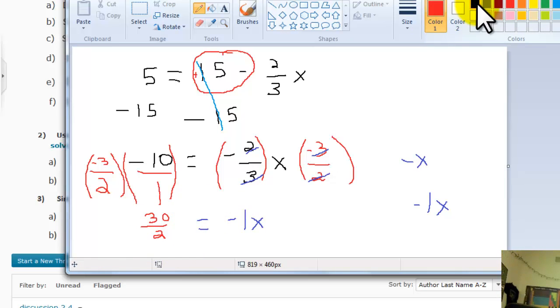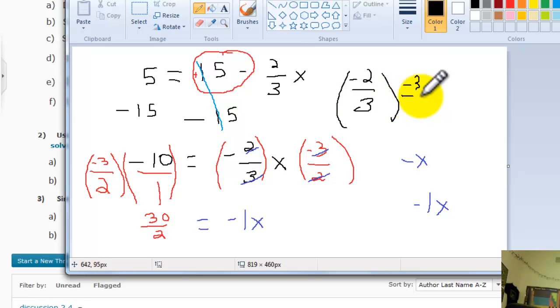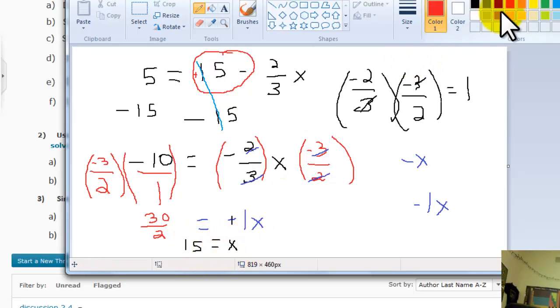And you know what? I just realized something. When you multiply negative 2/3 times the negative 3/2, it comes out a positive. It does cancel out. So you'll have a positive 1 here. Because this answer comes out to positive 15. 30 divided by 2 is 15. And 15 then equals x.